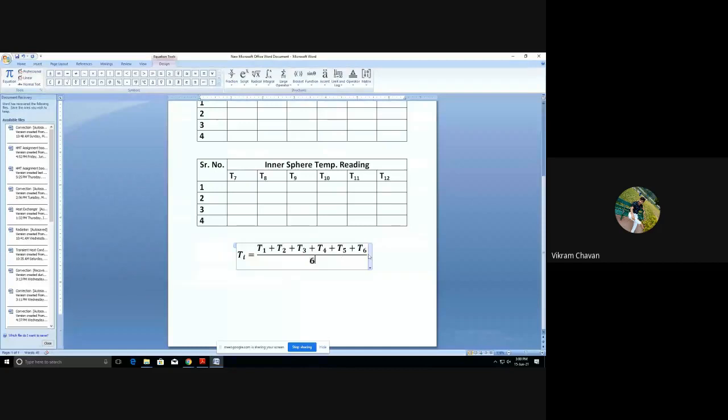Whatever answer you get will be your final Ti. That is the inner surface temperature.